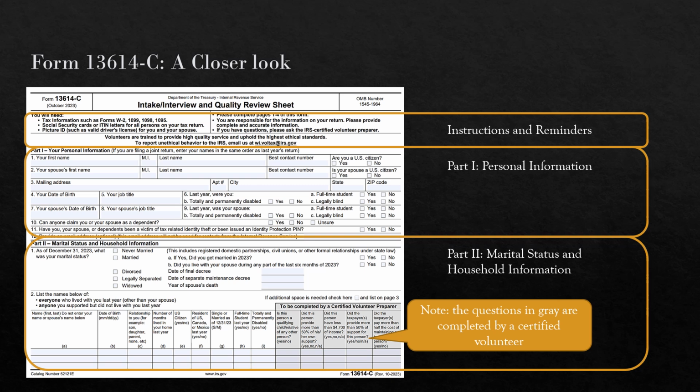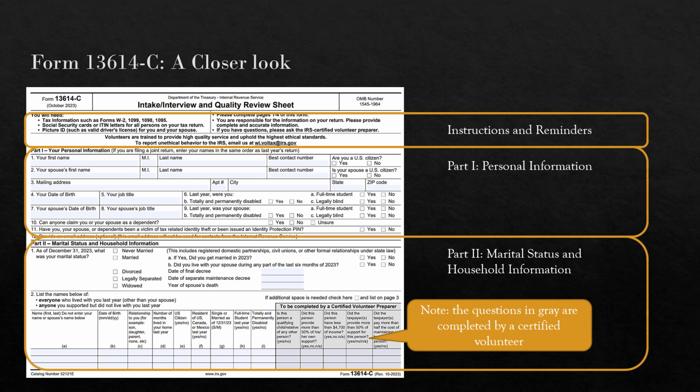The second part of the form, which is actually part one, is where we collect all of the taxpayer's personal information. So names, dates, addresses, and a few general questions that kind of help the return get started. Part two is about marital status and some household information.